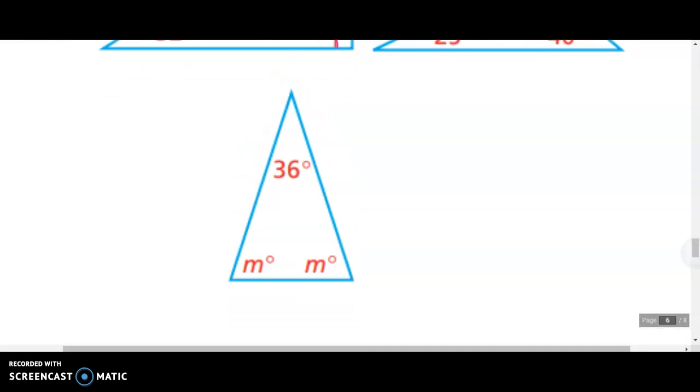Okay, but I do want to get to this one. Now I said we need two of the three angles to find the third. Here we're missing two angles, but we know that 36 plus m plus m equals 180. This is still an algebraic equation that we can solve because the m and the m are like terms. So m plus m is 2m.